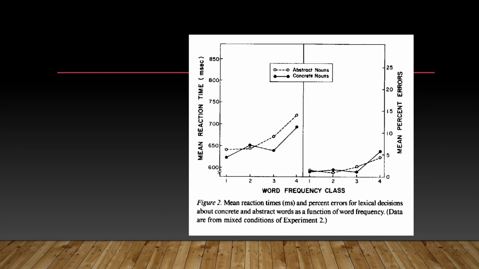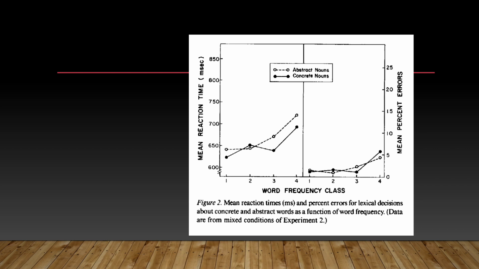If we look at this diagram, we can see that reaction time is on the left, word frequency class is at the bottom, and mean percentage errors are on the right side. But as usual, we'll focus on the left side of things. And here, concrete words are also represented in solid lines, and abstract words are represented in dashed lines.